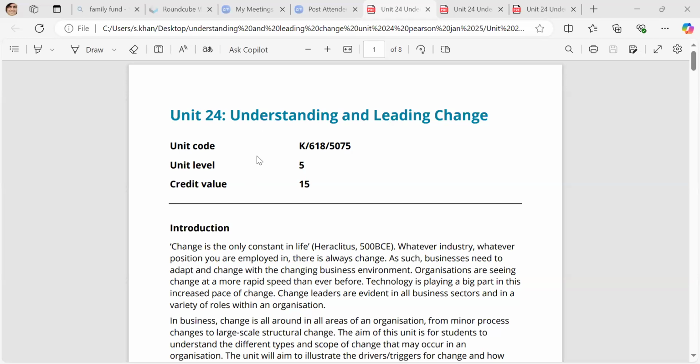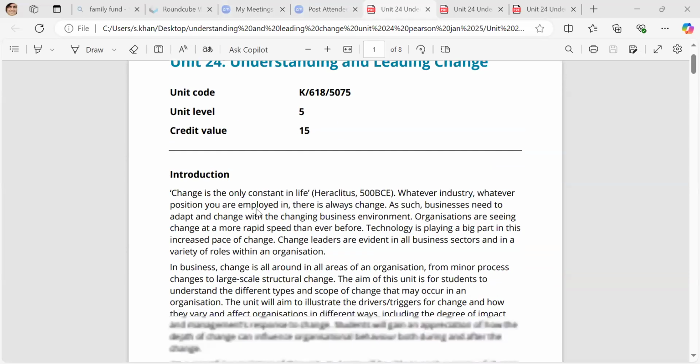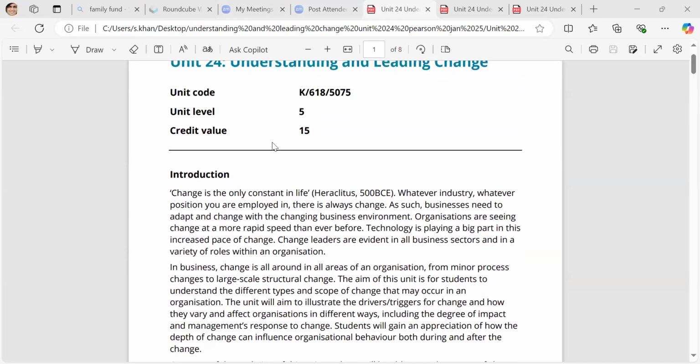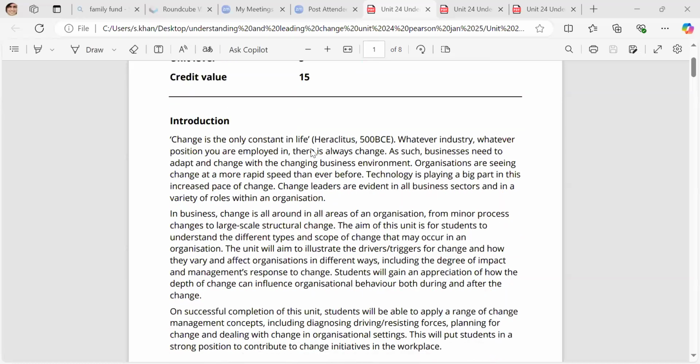So I'm just going to go through quickly the module spec and what is expected in this unit. It is a level 5 unit with a credit value of 15. The introduction looks at change and adapting in the business environment, how organizations change and the variety of roles in the organization.